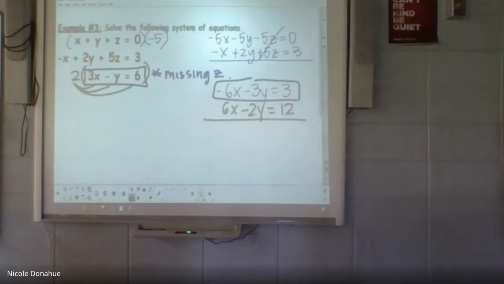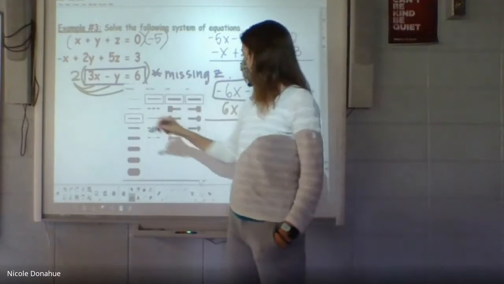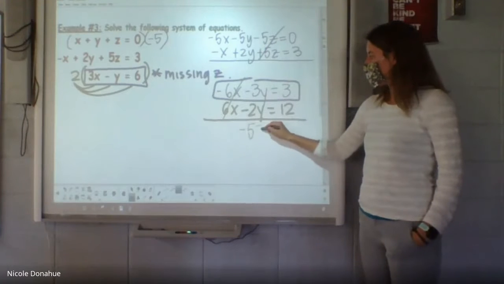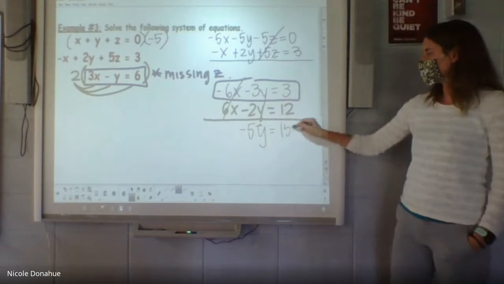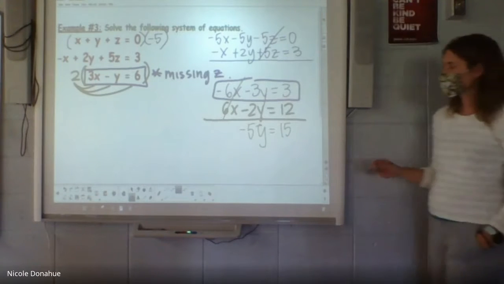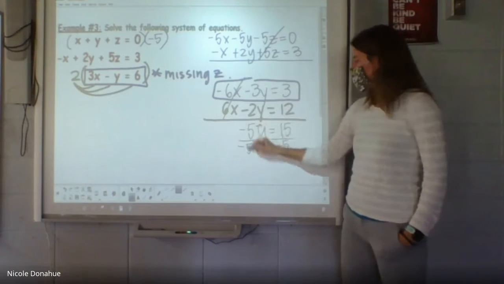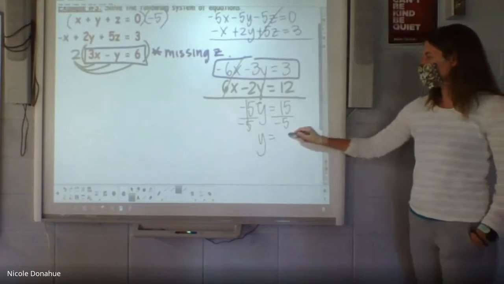We had to do a little bit more thinking than just combining equations here. This is -5y, this is 15. This ends up being a -3 here.